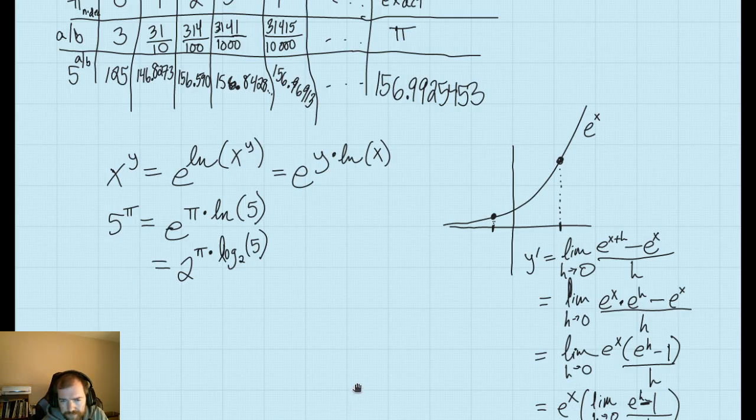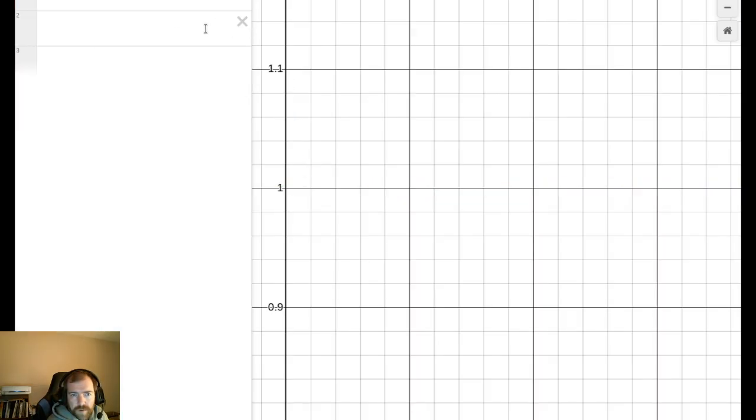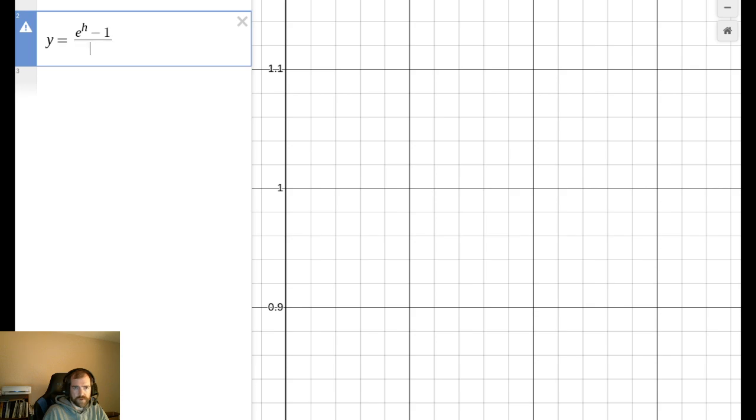Okay, and then when we do this, we can go over to Desmos and pick up fraction. Whoops, that is not the right window. Gotta switch keyboards again. Right, we can go to y equals fraction e to the h minus 1 over h.